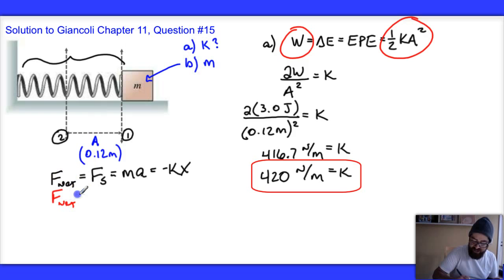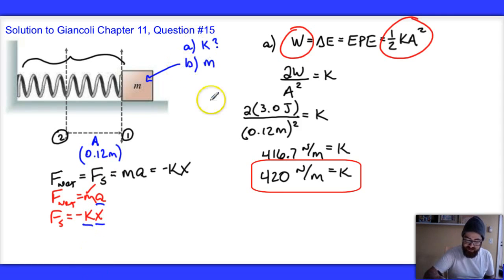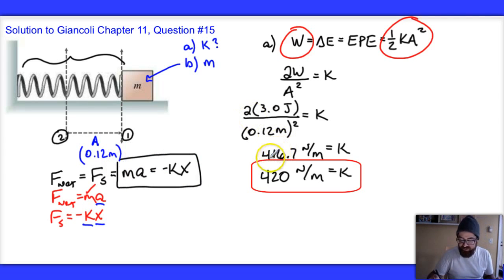Of course, F net equals ma. That's Newton's second law. And we can also say that the restoring force of the spring is equal to negative kx. So I'm looking for the mass when the acceleration is known. So I know the acceleration, I know the displacement x, that's 0.12 meters, and I know k. So I'm going to solve this problem by setting those two forces equal to each other because they are one and the same. I get F net equals the spring force, or just ma is equal to negative kx.